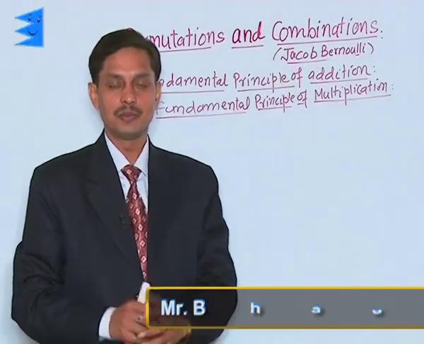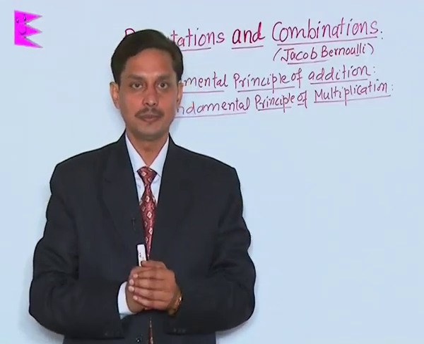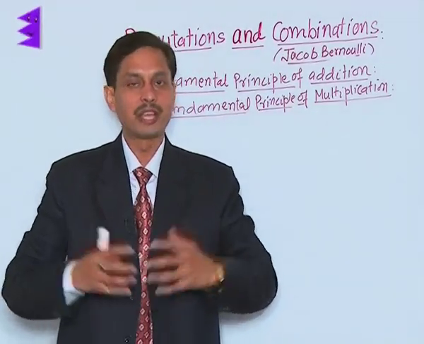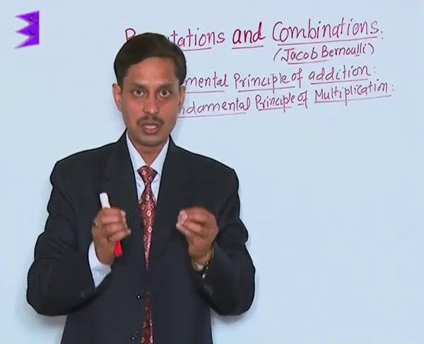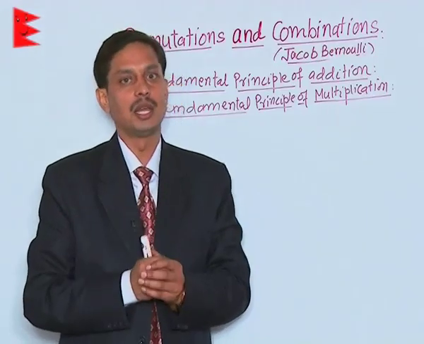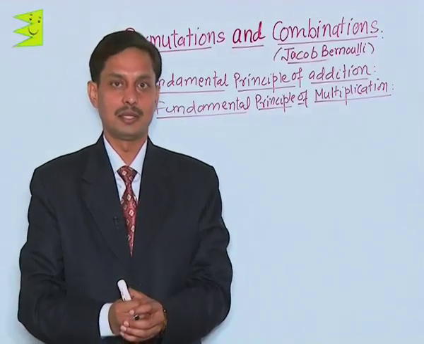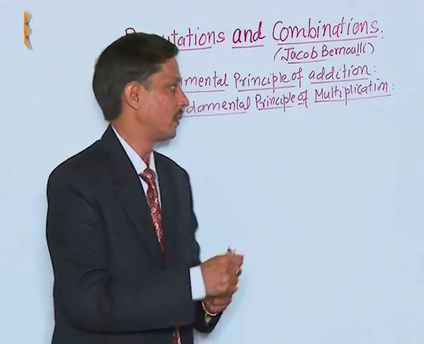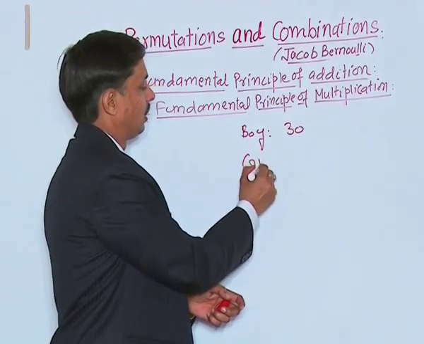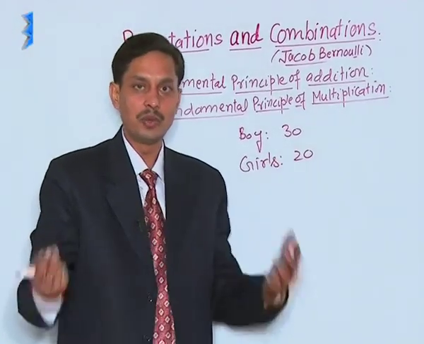Permutation and combination, these two depend upon two principles. One is the principle of addition and the other is the fundamental principle of multiplication. Let me explain with a most interesting example: a teacher is teaching a class having 30 boys and 20 girls. There is a class of 50 students.